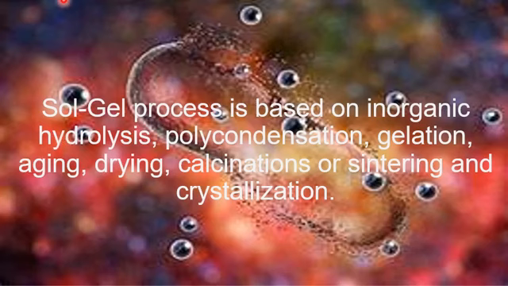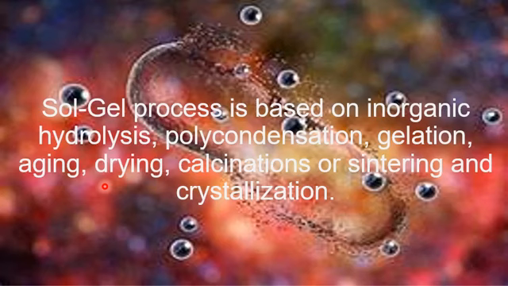Okay. And this inorganic hydrolysis, with time and temperature, results in a gelation, and gelation is usually formed due to an interconnecting network, and this gelation becomes more viscous with time.